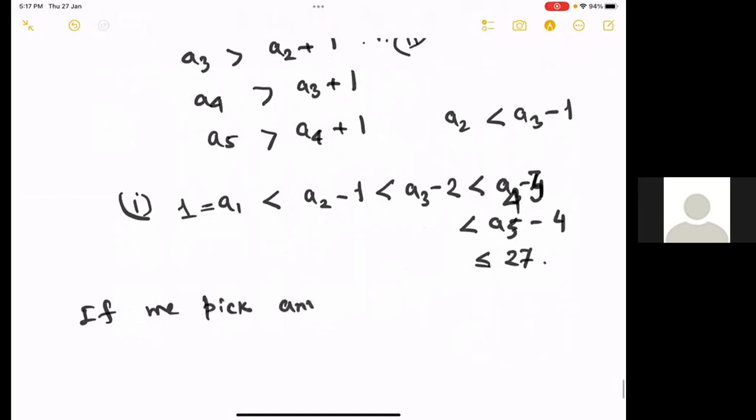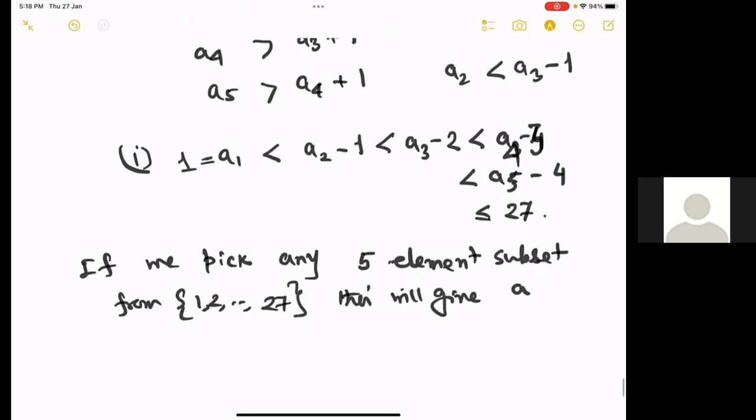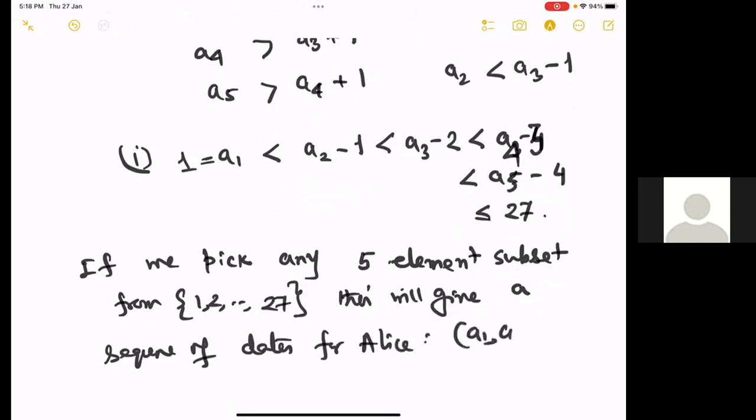any 5-element subset from 1 to 27, this will give a valid schedule for Alice. Why is that? It is clear, right?